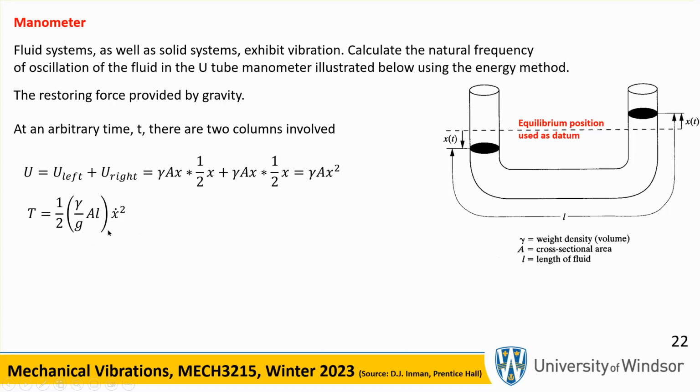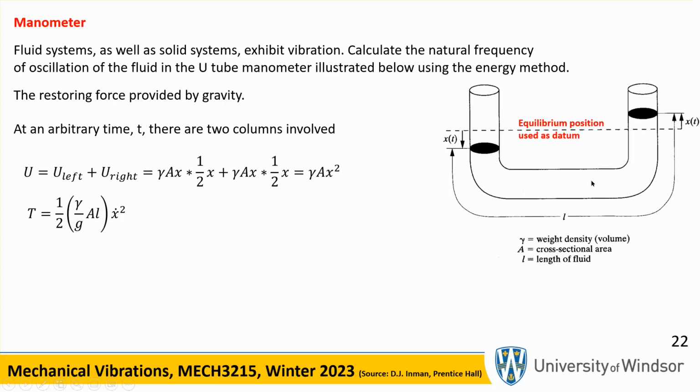Kinetic energy, now remember, for the kinetic energy, you have to take the mass of the entire liquid because it's that entire liquid that's going to move by the amount x dot. So the numerator is the weight of the entire liquid divided by g, which gives you the mass of the entire liquid.